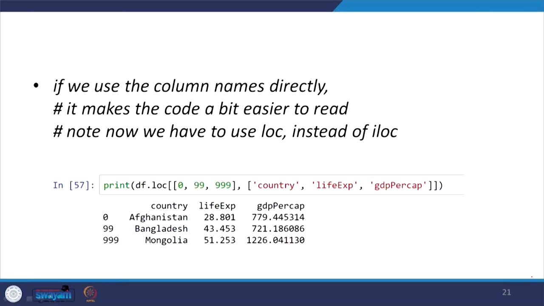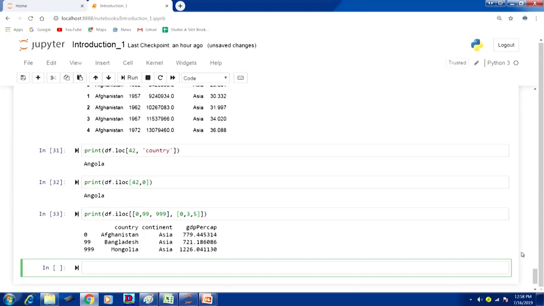There is another way. If we use the column names directly, it makes the code a bit easier to read. Instead of using numbers to represent columns, if you use column names, we can easily see what is there. So simply type the column name. We will use this command: print df.loc[[0, 99, 999], ['country', 'lifeExp', 'gdpPercap']]. You see there is a square bracket here that you have to use. We'll see that.